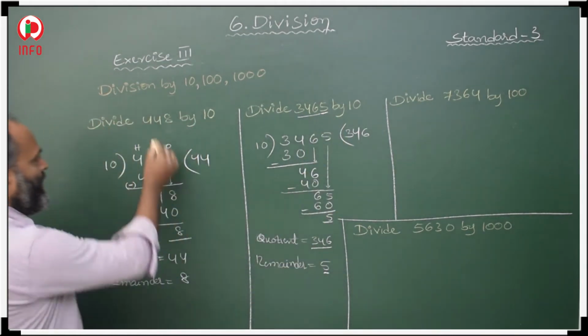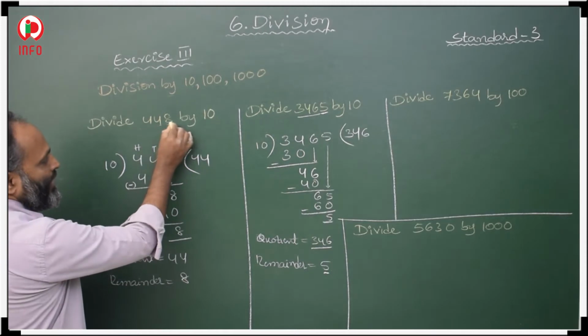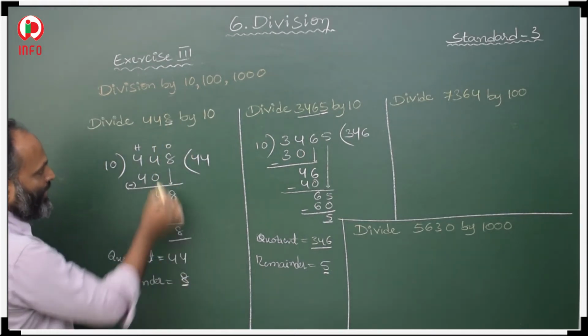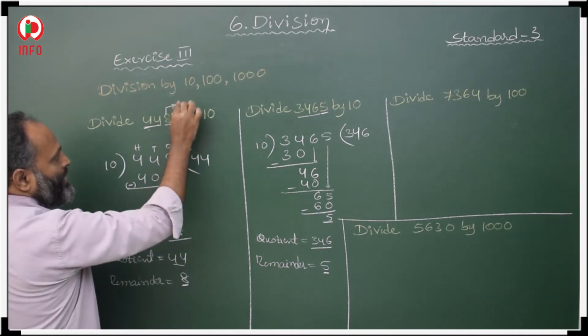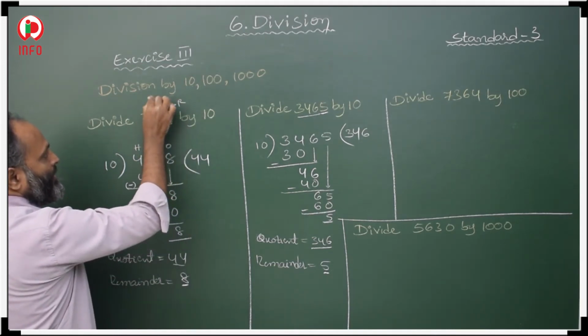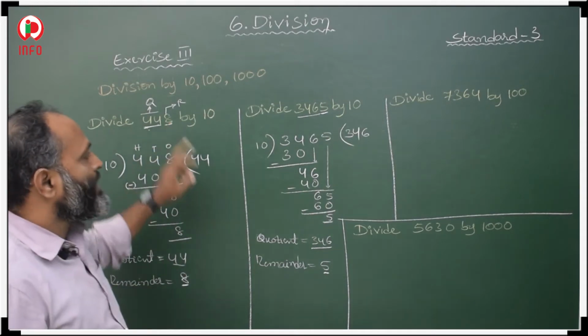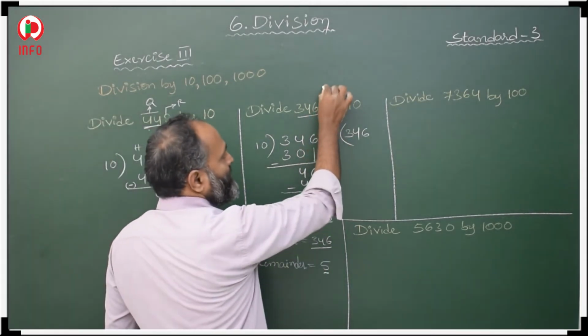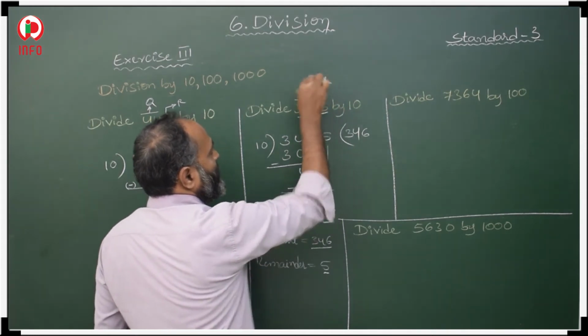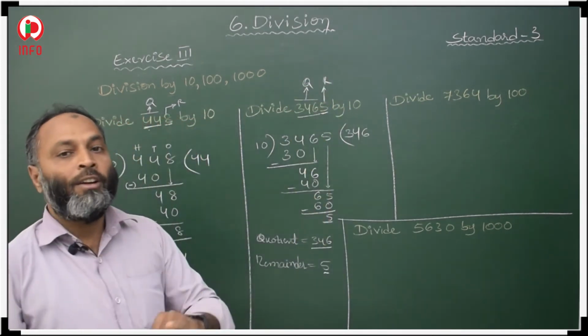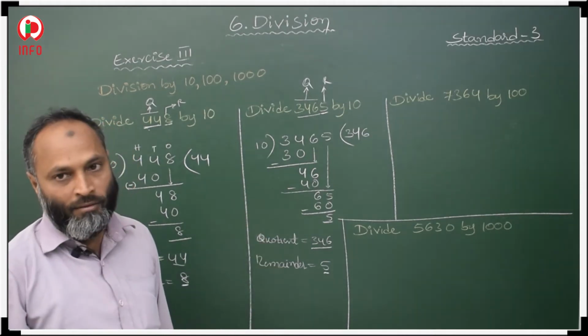Here also in 448, the last digit is your remainder and the rest of the places are your quotient. The last single digit, that means the ones place, is your remainder and the rest of the places are your quotient, when you divide with 10.